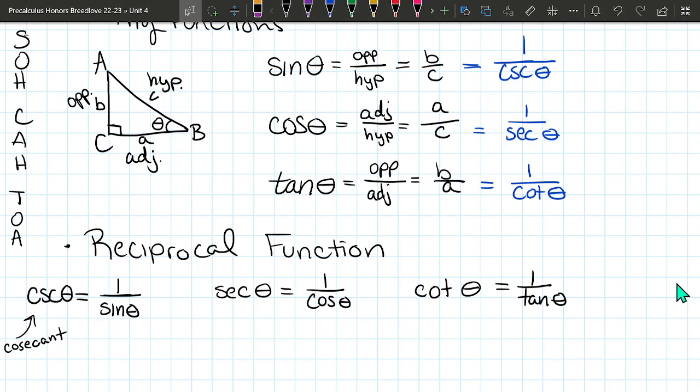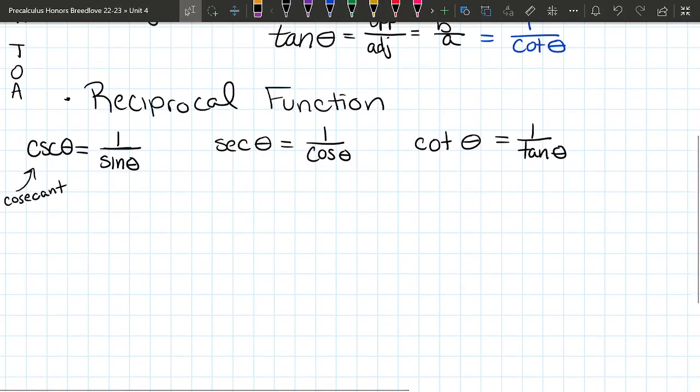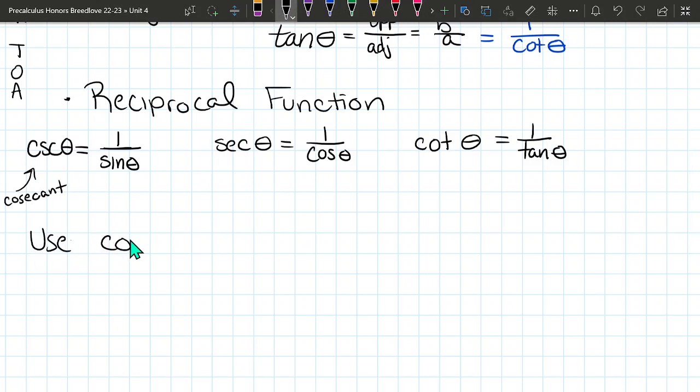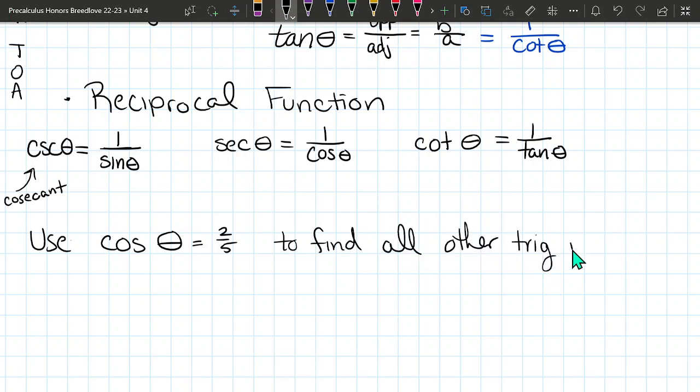The next part is an example. So we're going to use cosine of theta equals 2/5 to find all other trig values. Example.